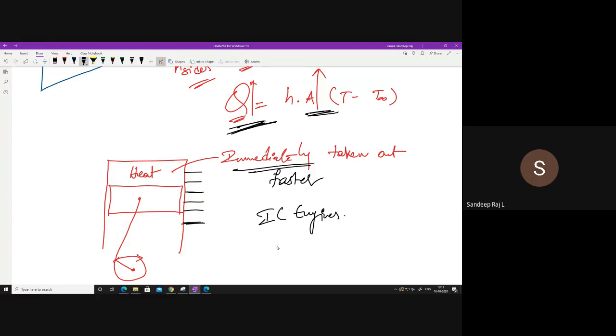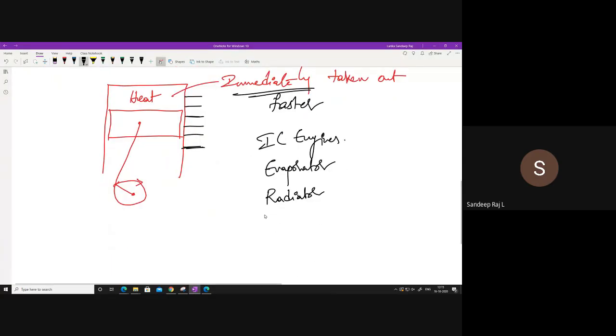It can be used in evaporator coils or radiators, the core of a radiator, you can see. You can have it in computer parts, that is computer cooling also. You will use the fins. Likewise, many examples can be given here.